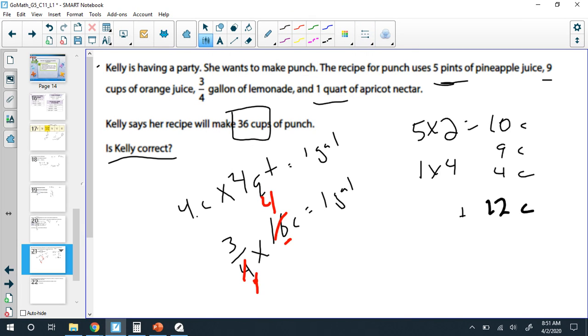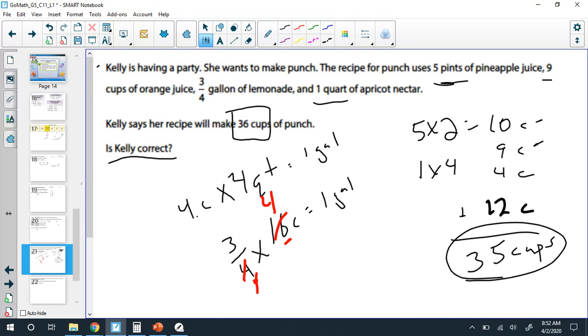Now we just add all these together. Well, 12 plus 4 is 16, and 16 plus this 10 is 26, and 26 plus 9 is 35 cups. So we learned that Kelly was not correct. She was off by 1 cup.